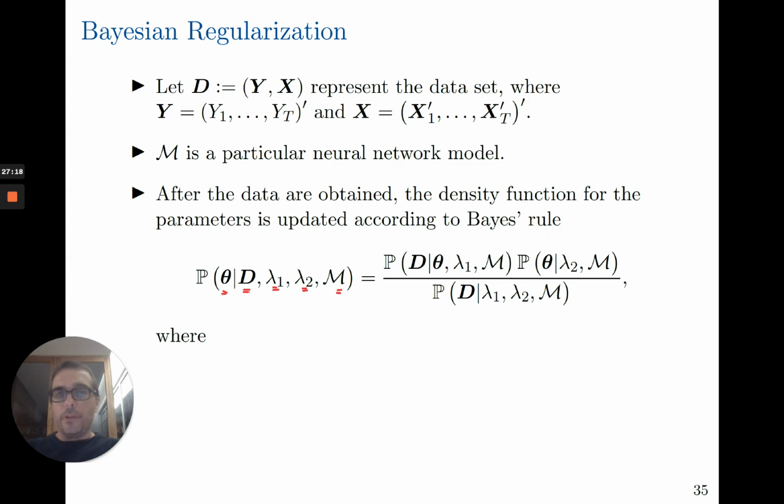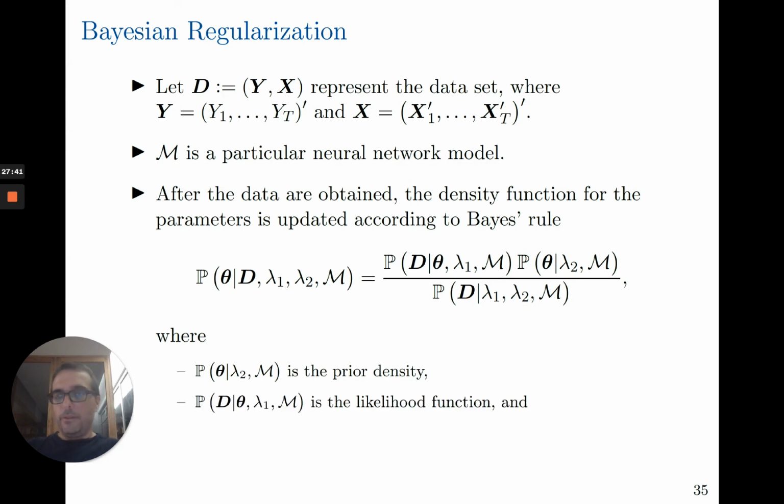By the Bayes rule, this is the probability of the data given the parameters, the regularization, and the model, times the prior of the parameters given the regularization term on the penalty and the model, divided by the probability of the data given the regularization and the model. So these are the three terms. Basically, this is the likelihood.